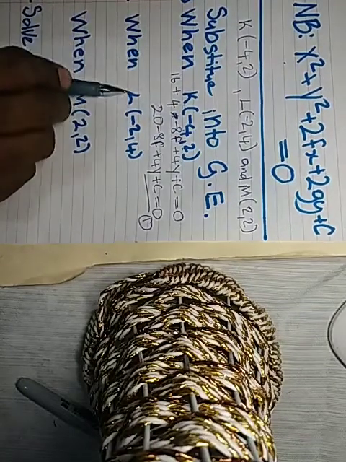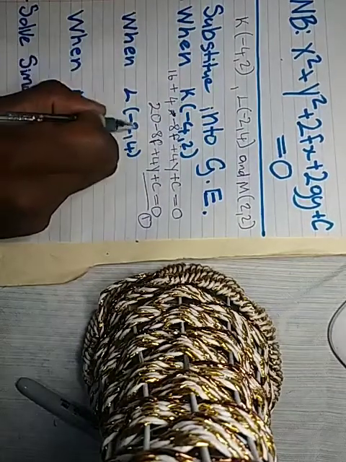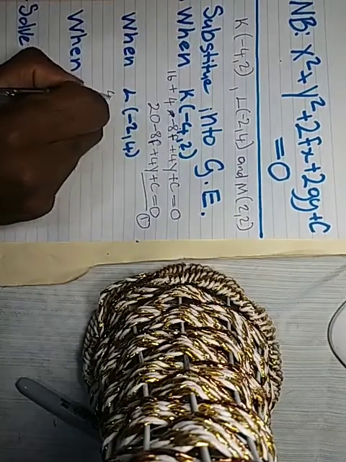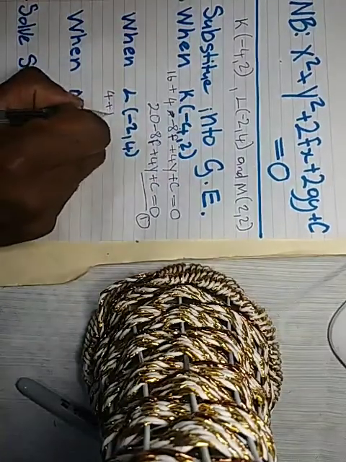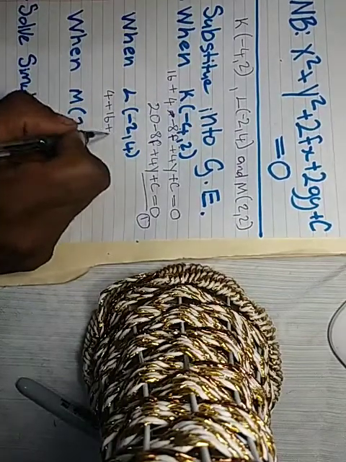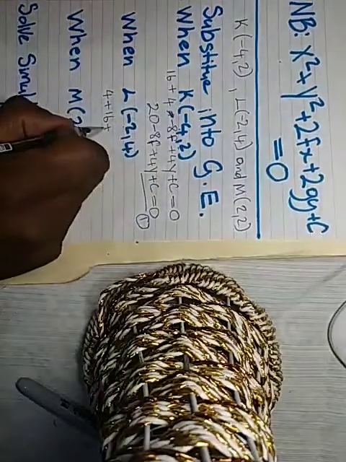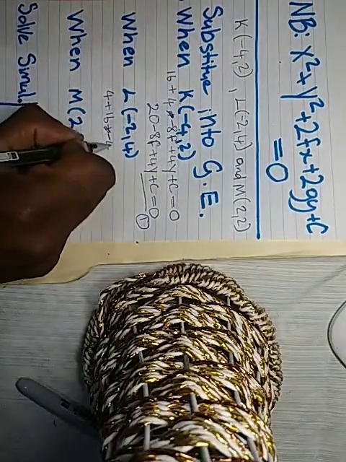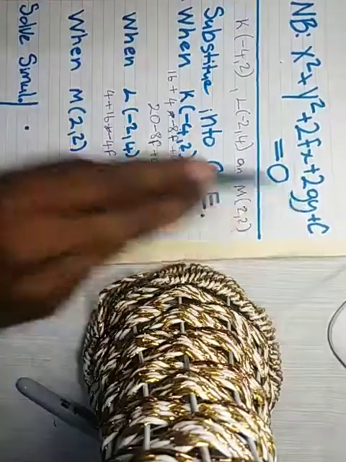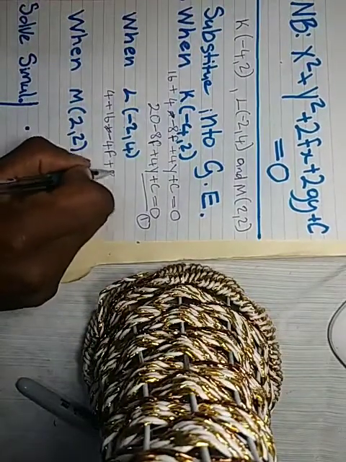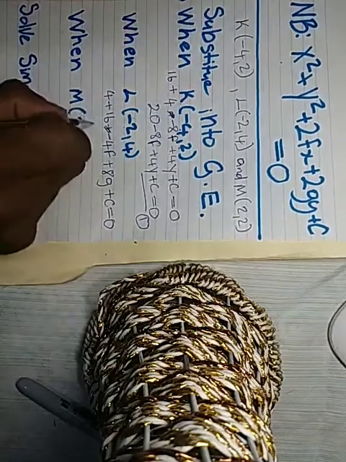All right, now let's substitute L into the general equation. So x squared, 2 squared, this would give me 4, plus y squared, 4 squared, this is 16, plus 2 times x, this would be negative 4f, plus 2 times y, 2 times 4 is 8g, plus c equal to 0.